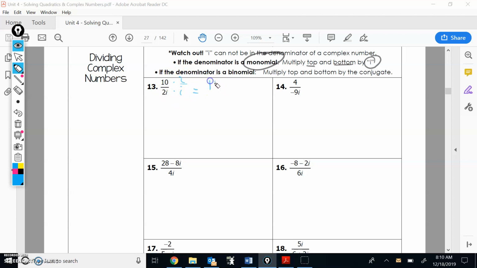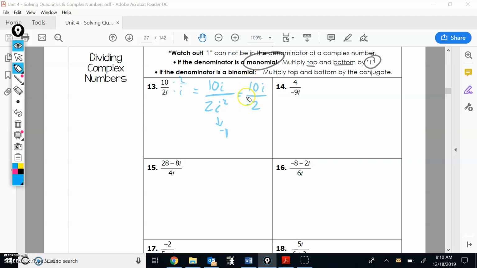The top is going to become 10i, and the denominator is going to be 2i squared. But an i squared is the same thing as -1. So this is just like saying 2 times -1, which is -2.